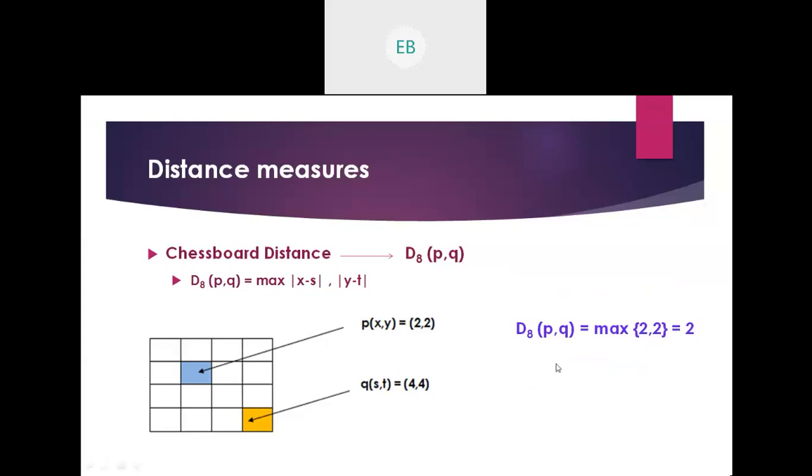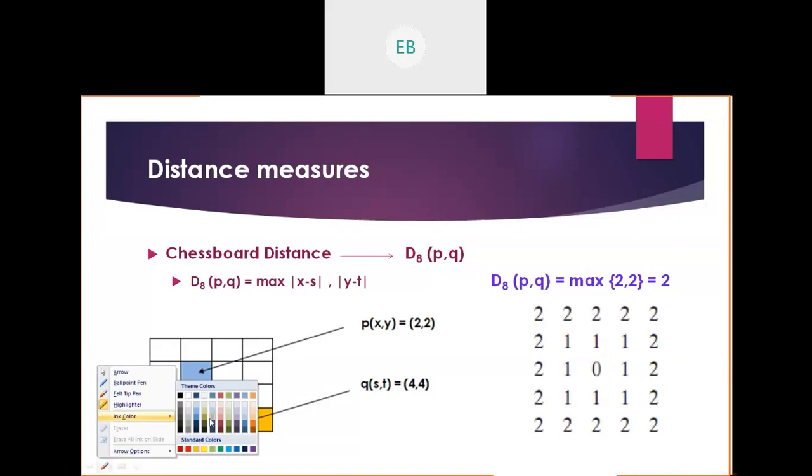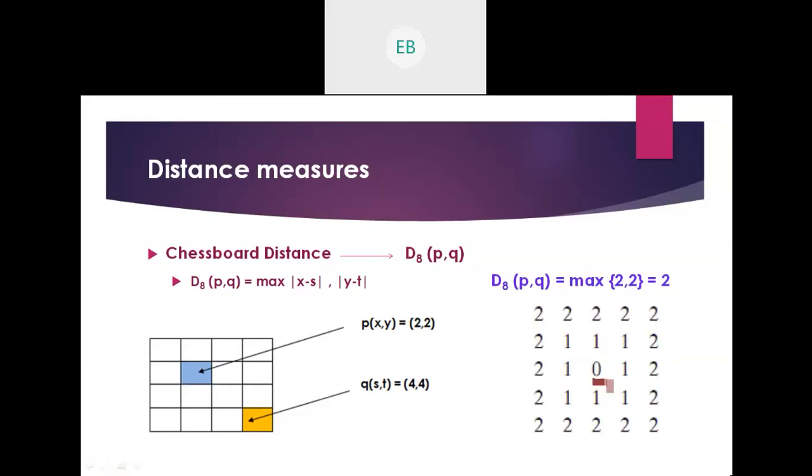So, we were here. Okay, so the maximum of 2 is 2 only. So, how to understand this concept well? Let's take this image first. Suppose this is my middle pixel over here.